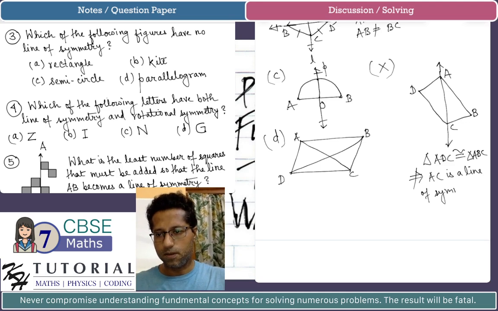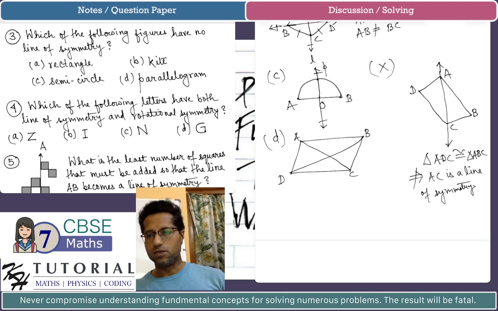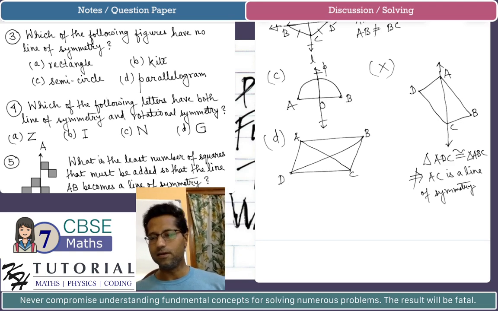Because the diagonal AC is dividing the entire parallelogram into two figures, the left triangle ADC and the right triangle ABC. Even though these two triangles are congruent, they are not identical. Why?